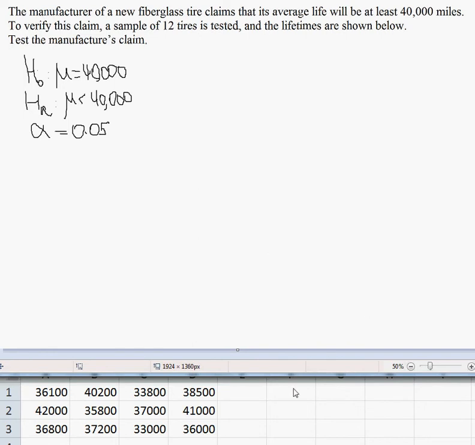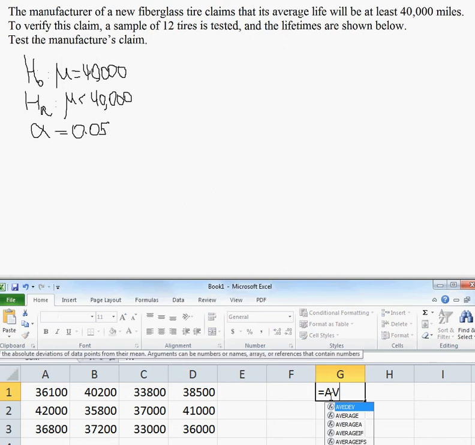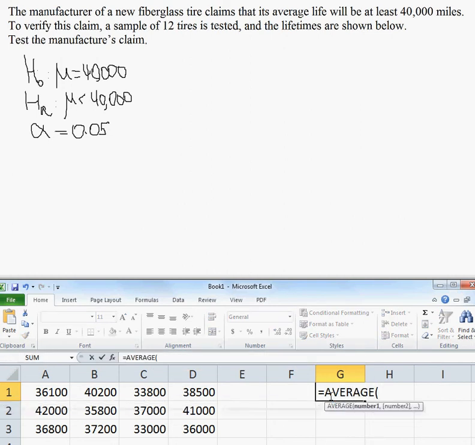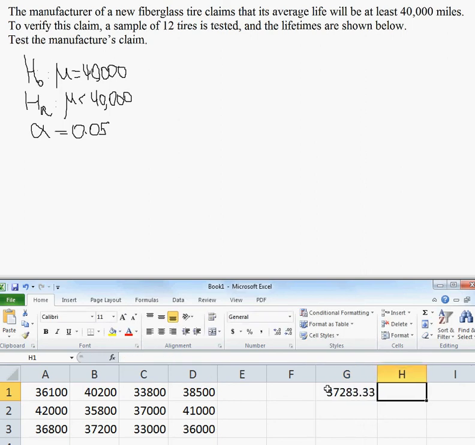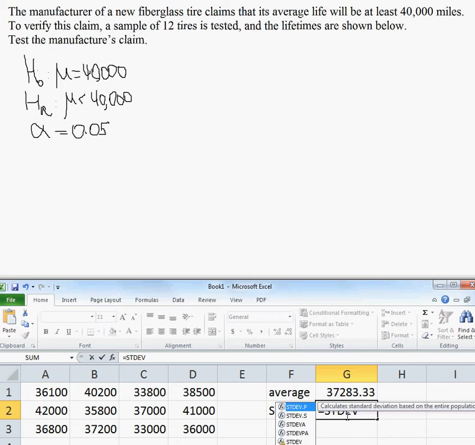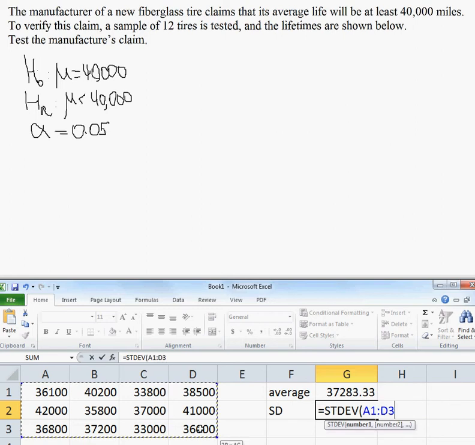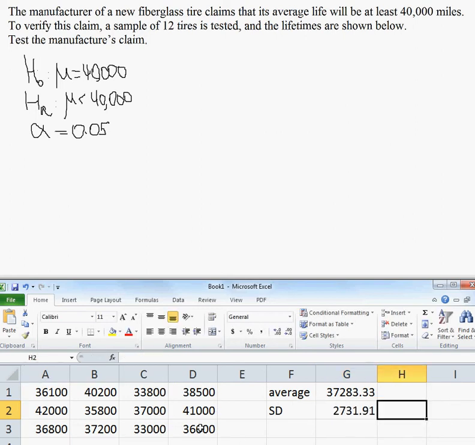Now we're going to try to turn the crank as before. So we'll figure out the average of the data. 37,283.33. So that's the average of the data. We can also figure out the standard deviation of the data, which works out to be 2,731.91.